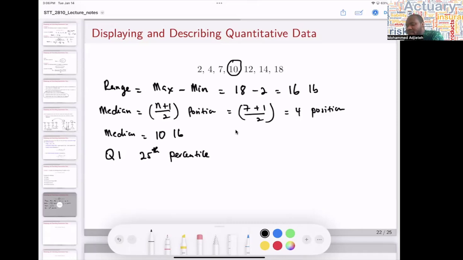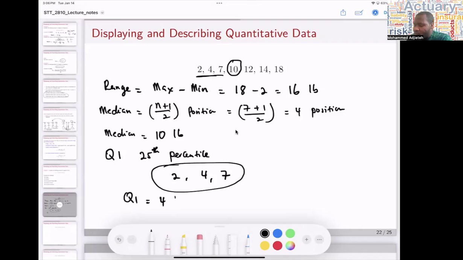To compute Q1, we take all data that are less than the median. So we have 2, 4, 7, because our median is 10, and these numbers are less than the median. Now, to find Q1, we find the median of this. What is the median of this? It is 4. And so Q1 is equal to 4 pounds.